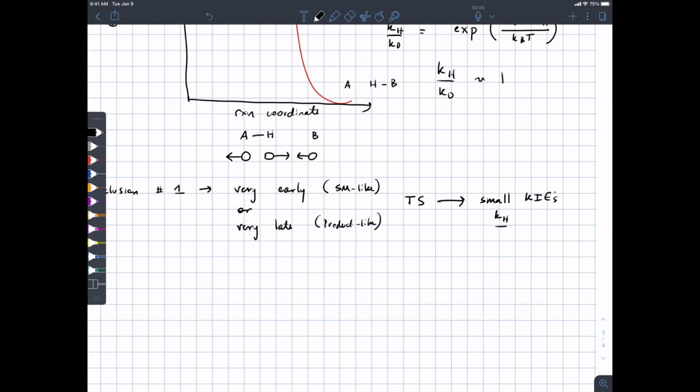You will expect the kinetic isotope effect to be 1.